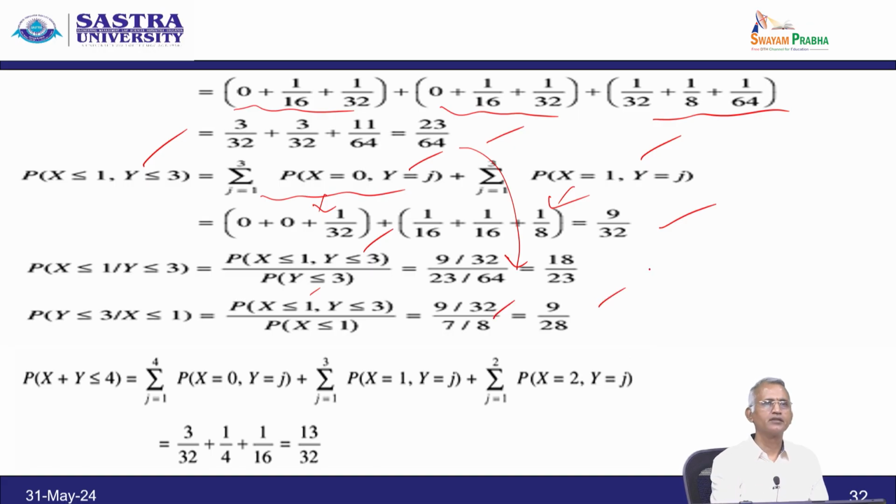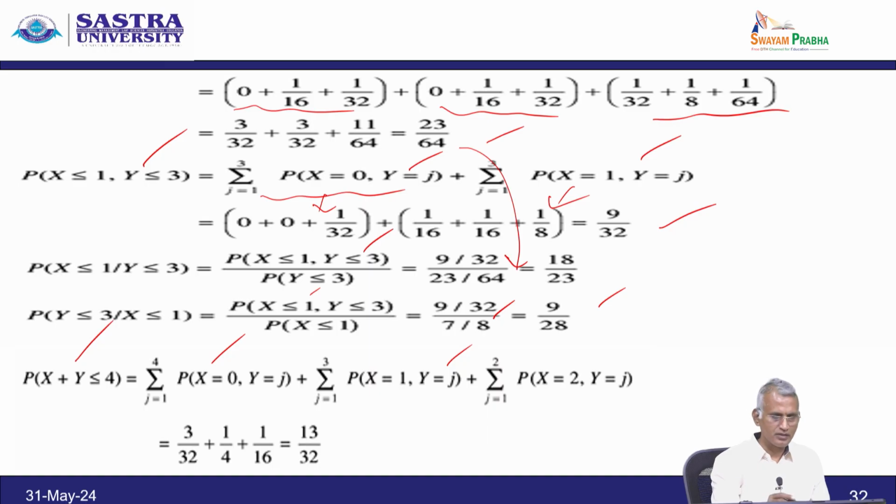So, we have probability of x plus y less than or equal to 4. The cases are: j varies from 1 to 4 for P of x equal to 0, y equal to j; j from 1 to 3 for x equal to 1 and y equal to j; j from 1 to 2 for x equal to 2 and y equal to j.